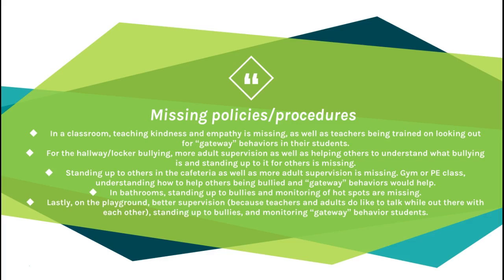The cafeteria, adult supervision; also gym or PE class, understanding how to help others from being bullied, and gateway behaviors. I think more adult monitoring would be beneficial in all of these different areas.